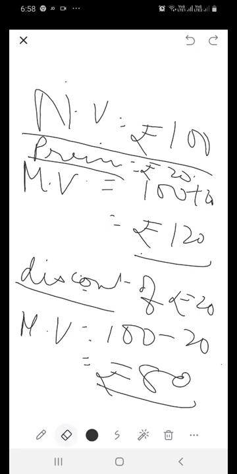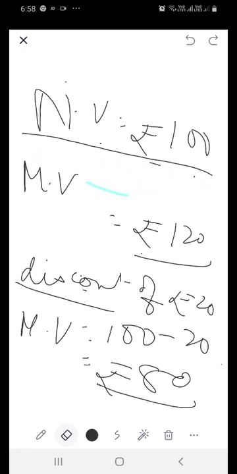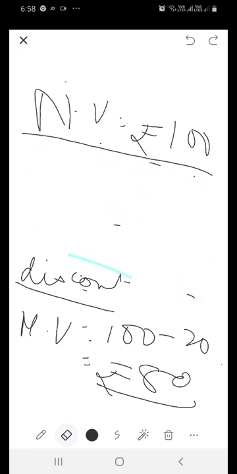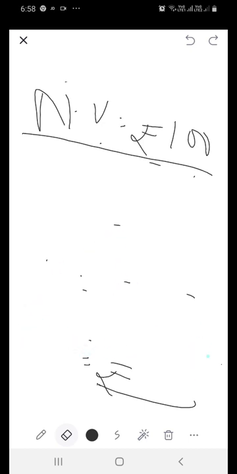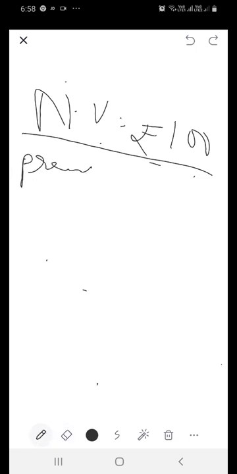Suppose the nominal value is 100 rupees and it is available in the market at a premium of, let us take it as, 5%.